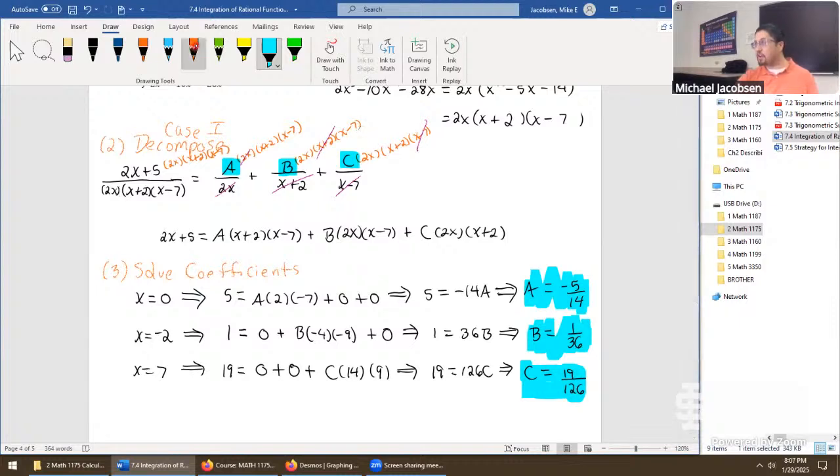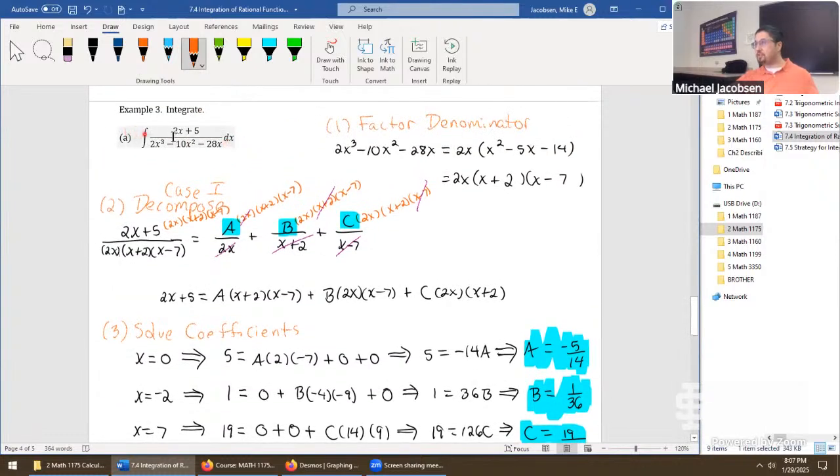Okay, so now that we've solved the coefficients, step 4 is like the punchline to all of this work we did. We'll just say here, integrate. So we go back to the original integral. It was this thing right here.